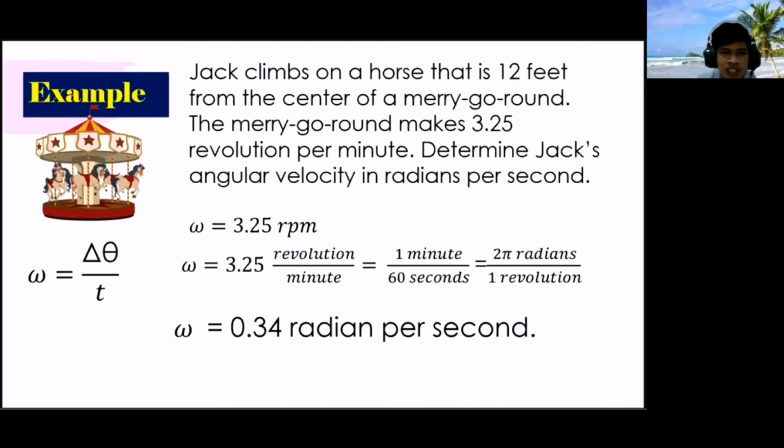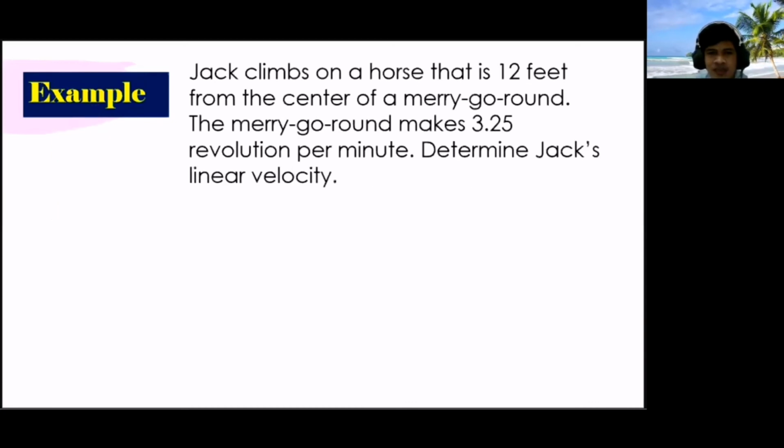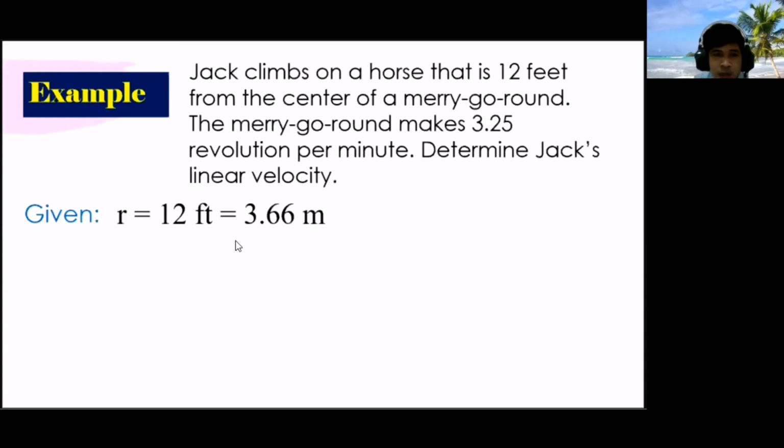Now, what if it's the same problem, but we are going to solve for linear velocity? Determine Jack's linear velocity. Same problem. What is the formula? First, we need to identify the givens. The radius is 12 feet. If you want to convert it to meters, you can have 3.66 meters.